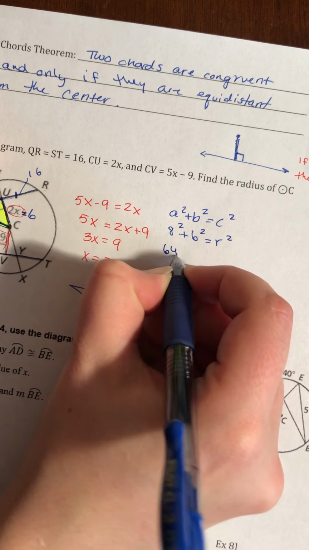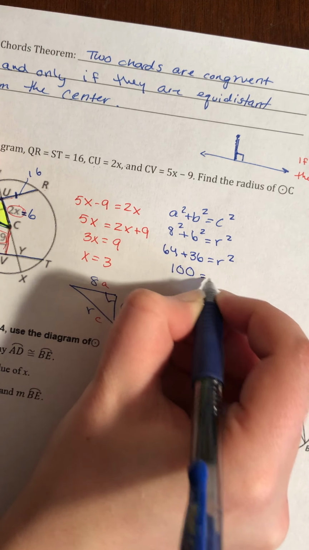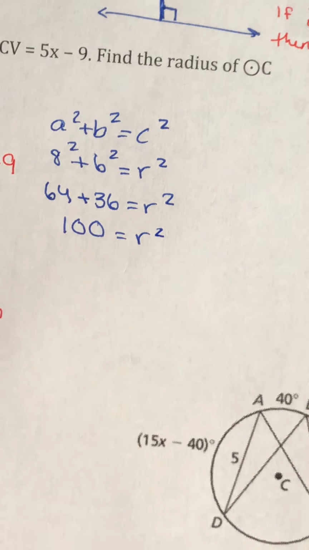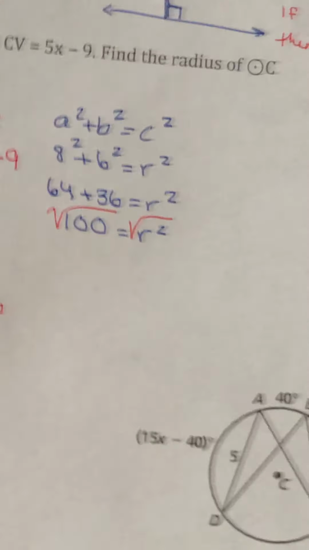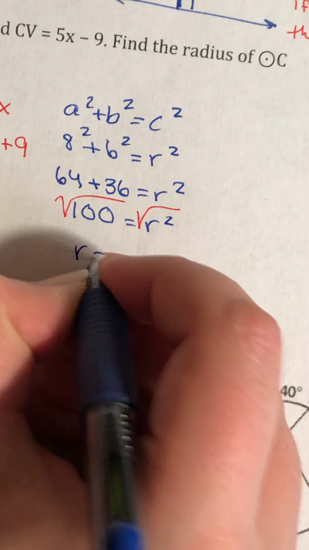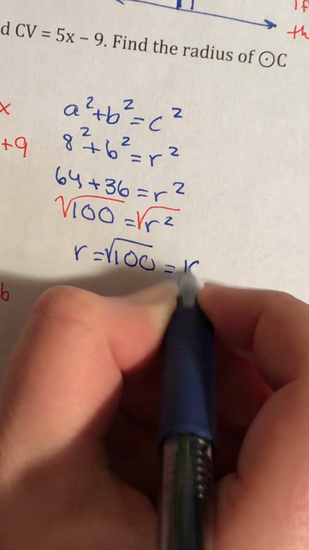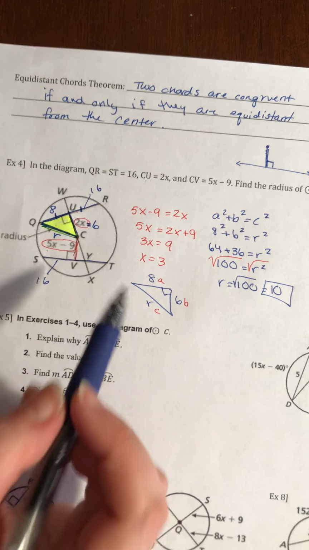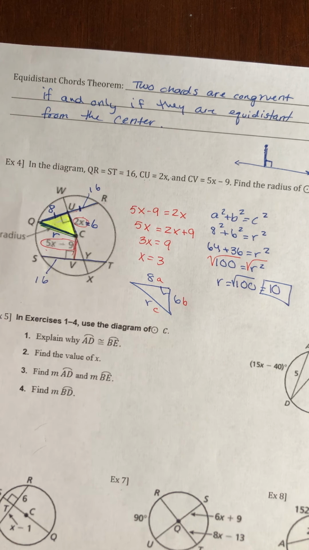So that's 64 plus 36. That's 100. And how do we get rid of squares? We take the square root of both sides. So that's going to give us the square root of 100, which is 10. So that is our radius. So we solve for x, plug it in, and then we use the Pythagorean theorem.